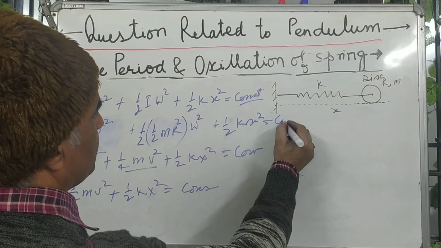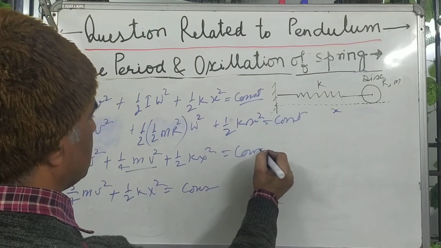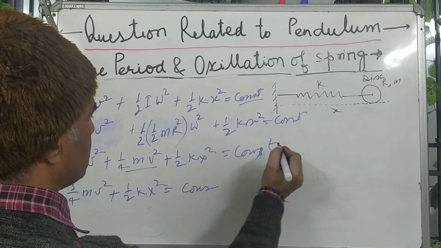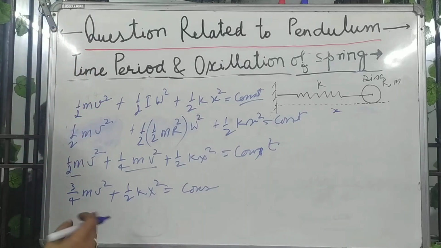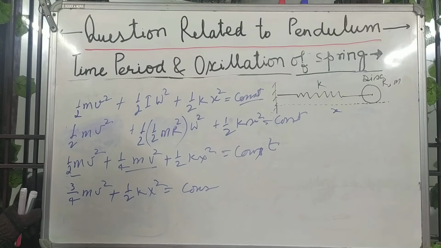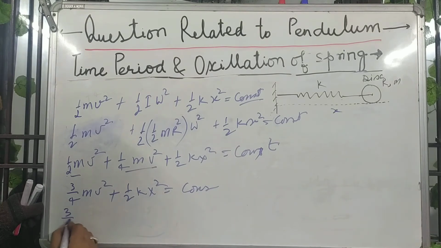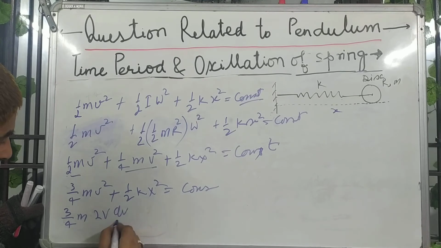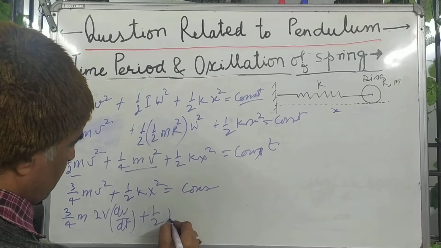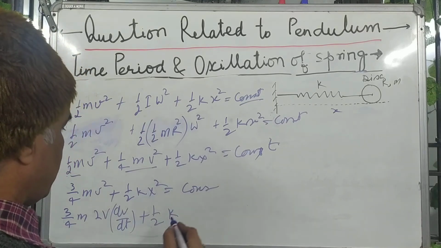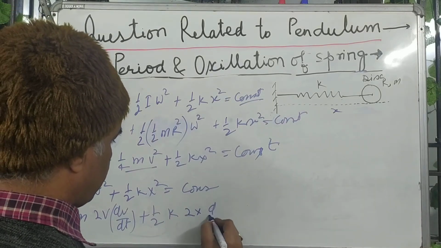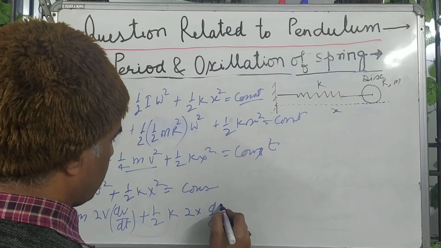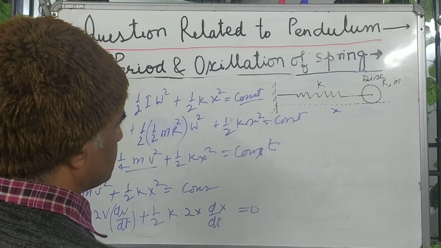This will not come out as 0, we have not yet differentiated, it is constant. Now differentiate it with respect to time t. So this is 3 by 4 m 2v dv by dt plus half k 2x dx by dt is 0.